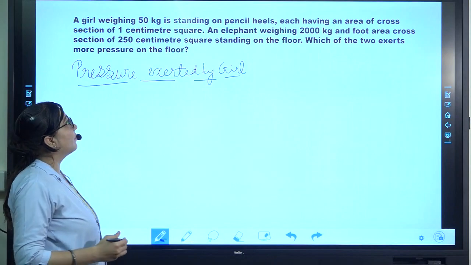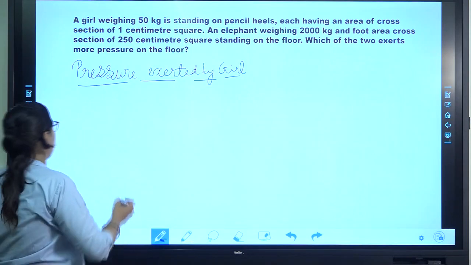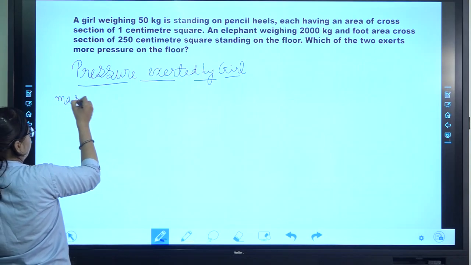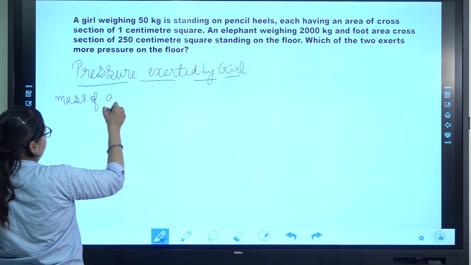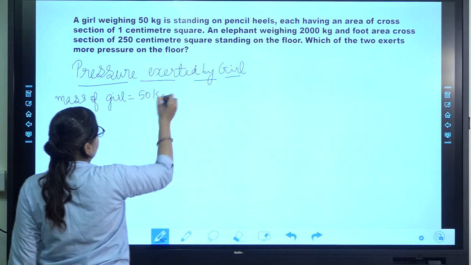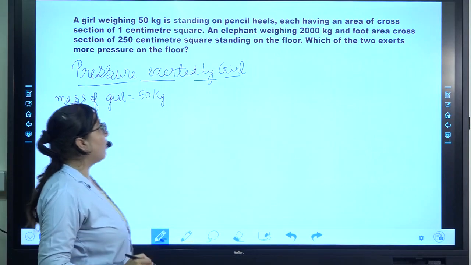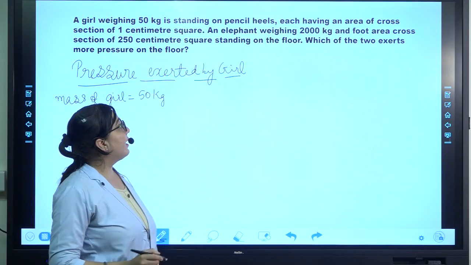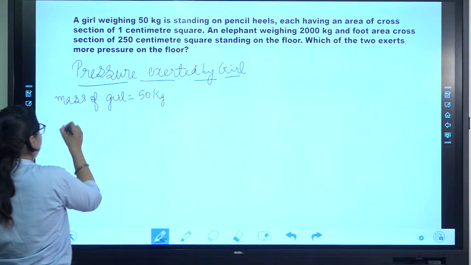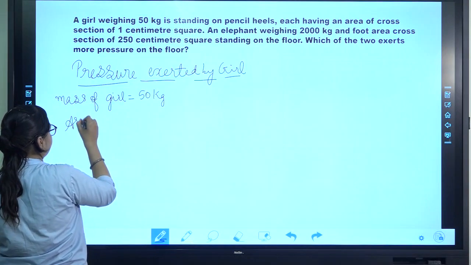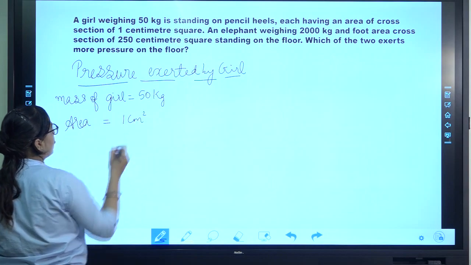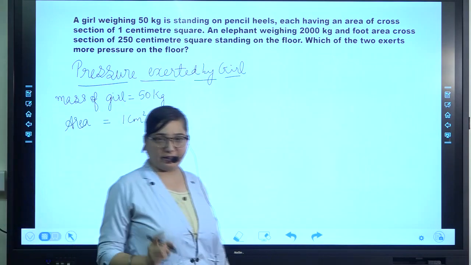A girl is weighing 50 kg. So, mass of the girl is 50 kg. Then, where is she standing on? Pencil heels. Each is having the cross section of 1 centimeter square. So, what is the area? This is of just one heel.